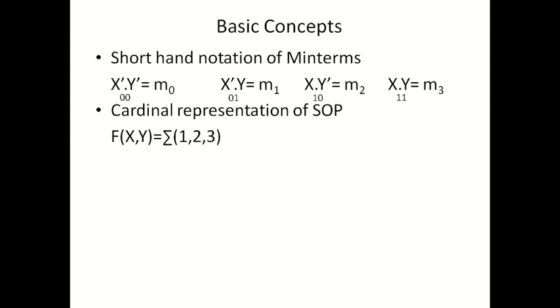It means that if I have a two-variable function, then the four possible values are 0, 1, 2, and 3. So if my function is a function of 1, 2, and 3, it means that my function gives me 1 on these three terms.